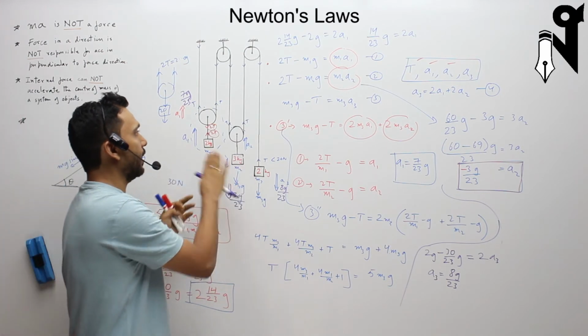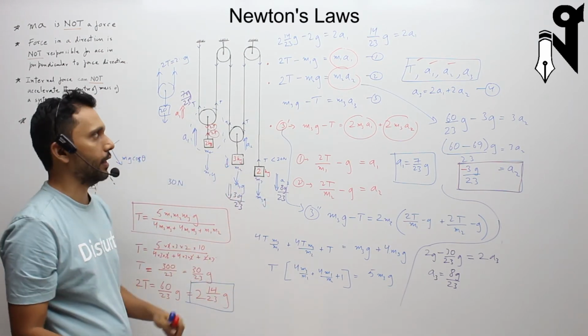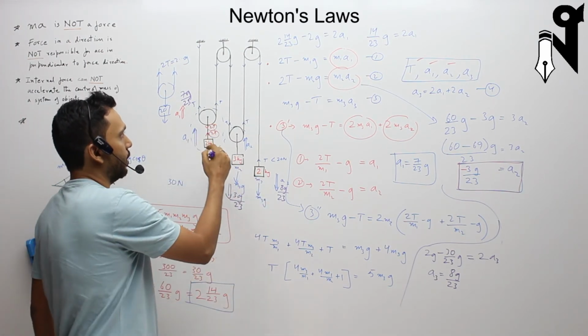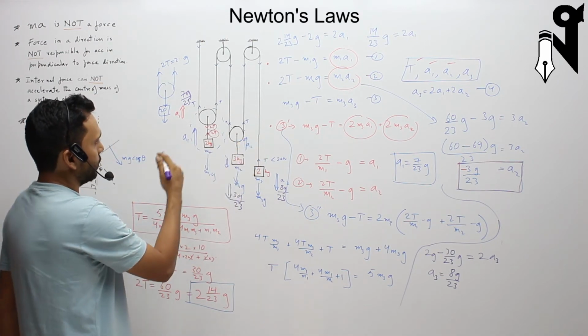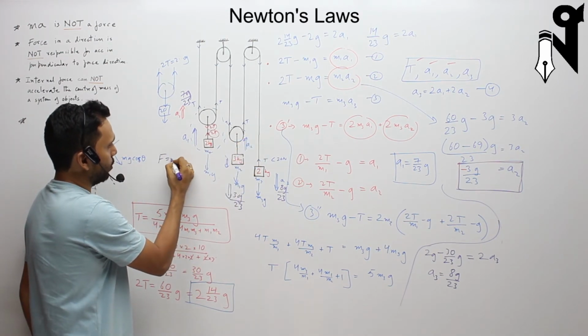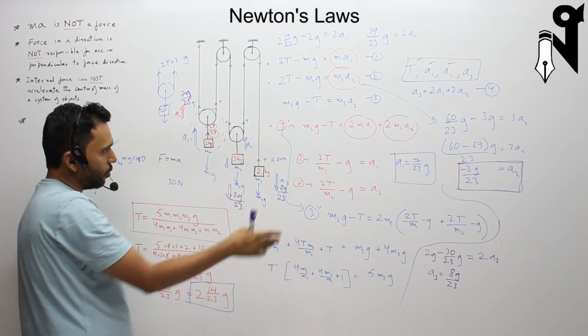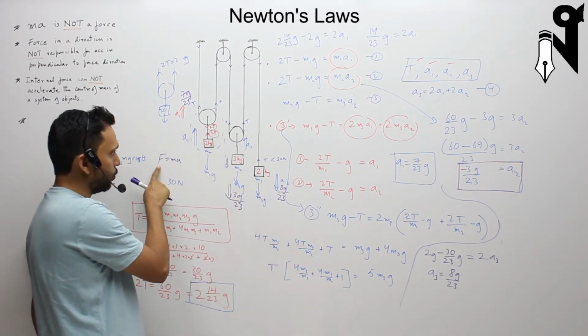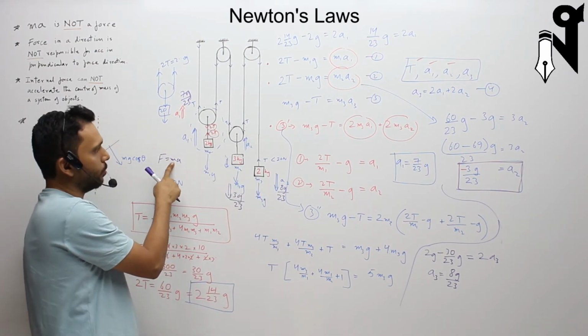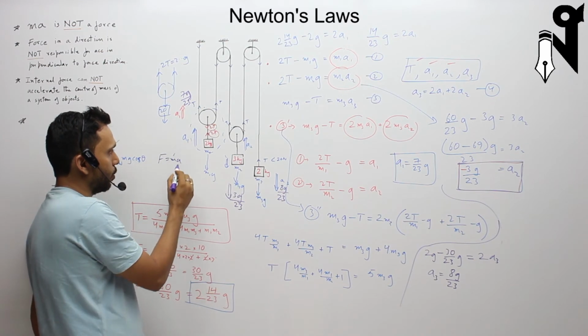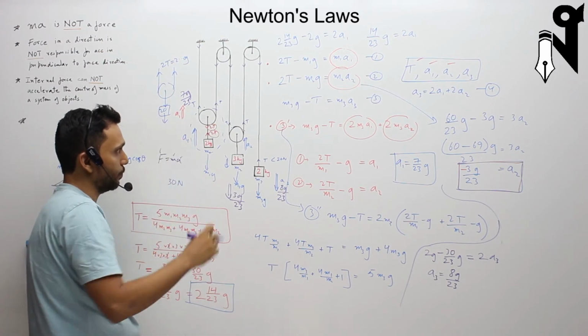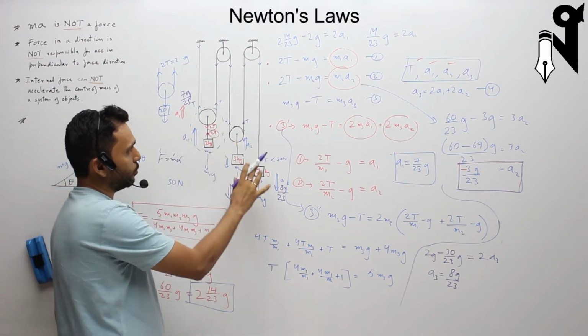So we did not write a, that is one of the mistakes you people make. F is equal to ma is the main equation. F is equal to ma doesn't mean that a of all the bodies is the same. The a of all the bodies are different, forces on all the bodies are different, masses of all the bodies are different. So we have to write those individual a's.